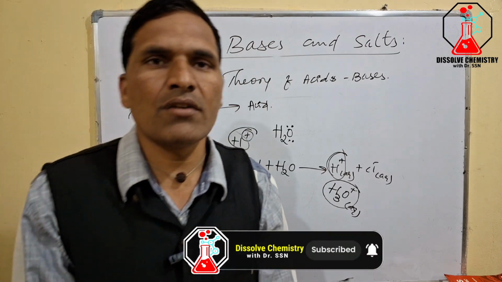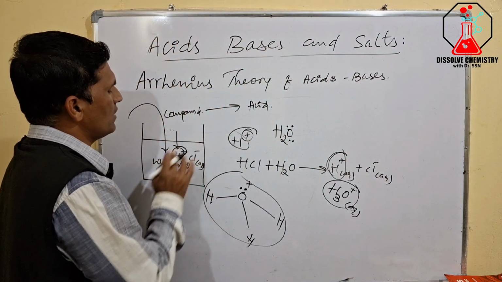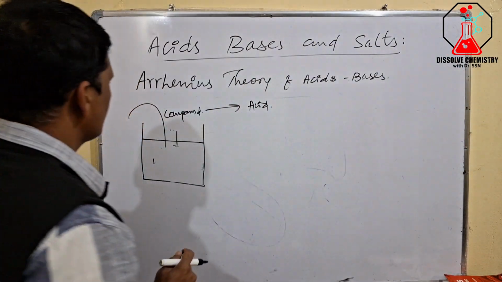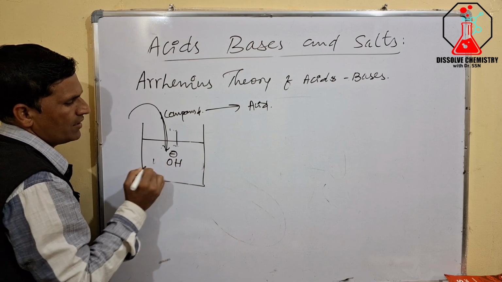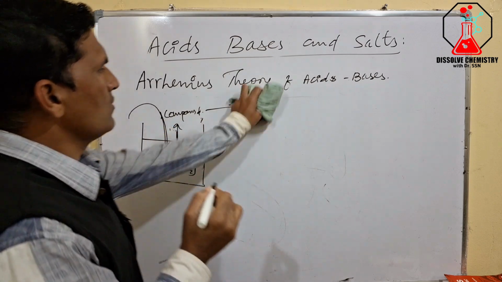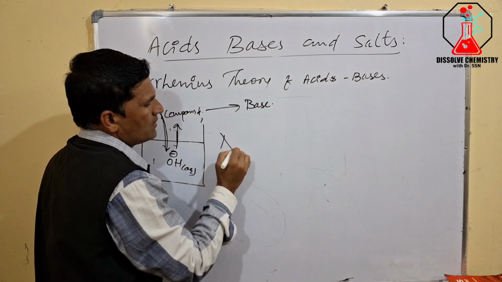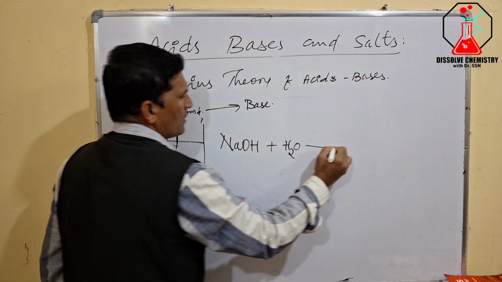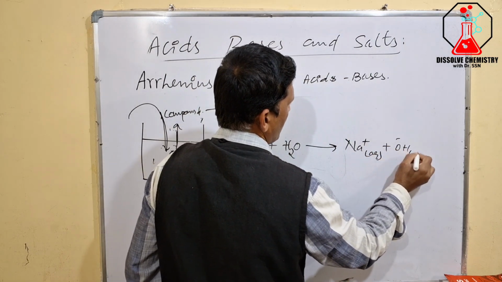Similarly, what is a base according to Arrhenius theory? Any compound which upon dissolution in water gives OH minus ions, which furnishes hydroxyl ions. If a compound upon dissolution in water furnishes OH minus ions, aqueous, then those compounds are referred to as bases. An important and simple example is sodium hydroxide, which upon dissolution in water gives Na plus aqueous plus OH minus aqueous.